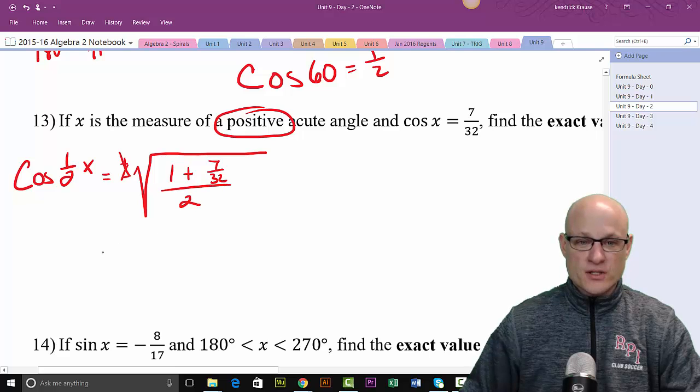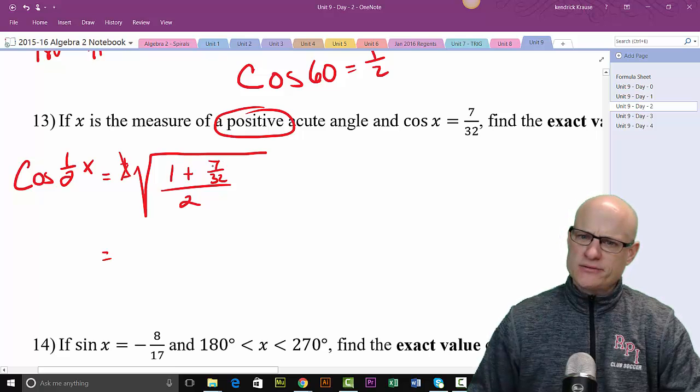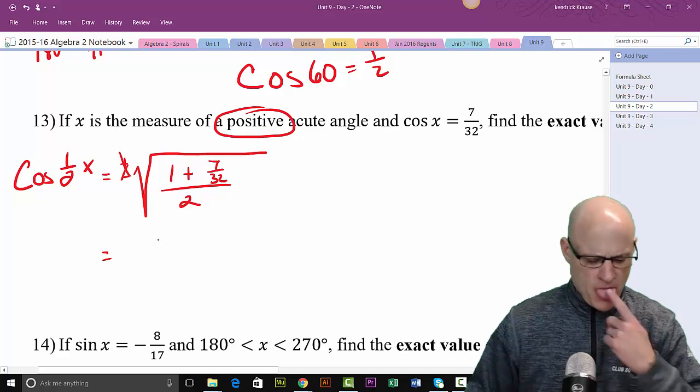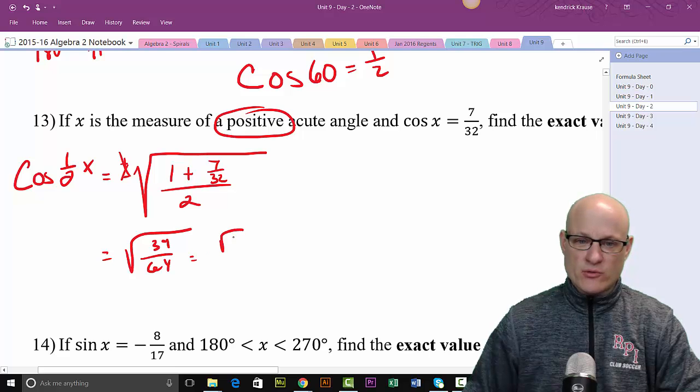Let's see, 32 plus 7 is 39. So I get square root of 39 over 64, which is equal to square root of 39 over 8. Is that right? That's right. There she is.